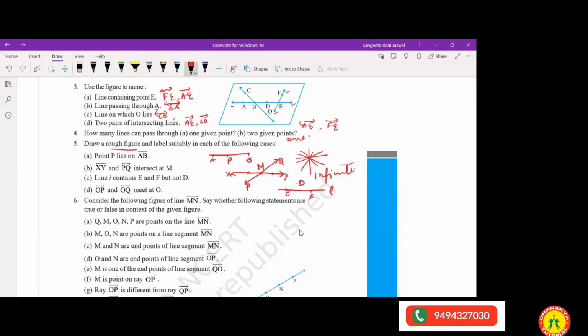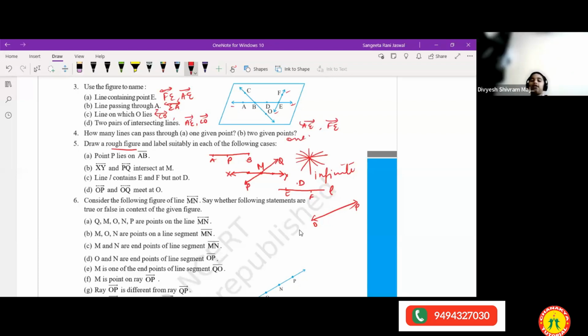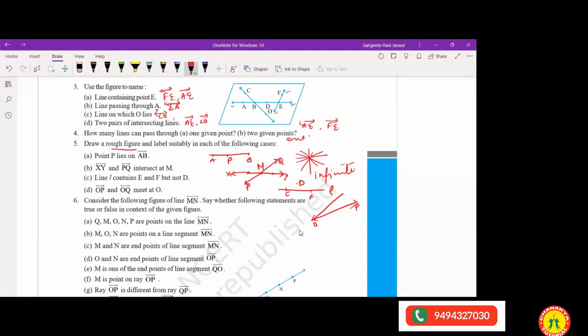Okay. Then next is line OP and OQ meet at O. Line OP, this is from O to P, and line OQ, O and Q. Ma'am, this is making an angle.